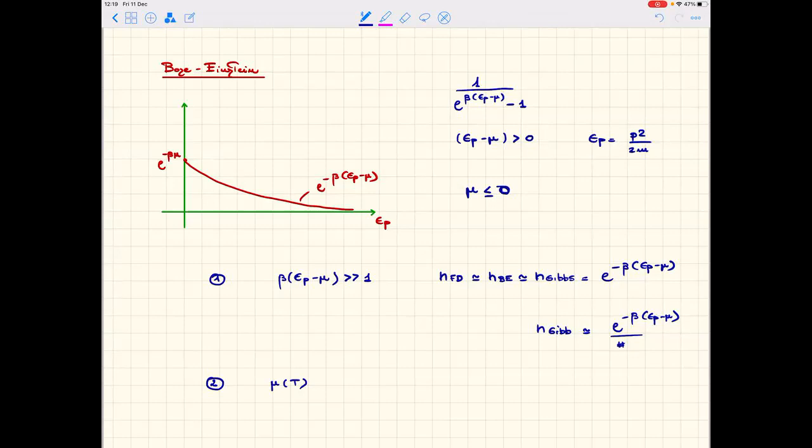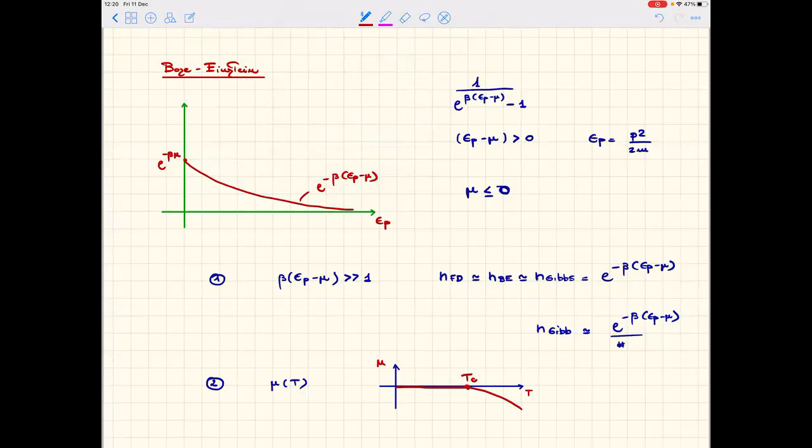But as you decrease the temperature, in many instances the chemical potential is negative, negative, negative, and then it hits 0 at some critical temperature and stays 0 afterwards because it cannot be positive.